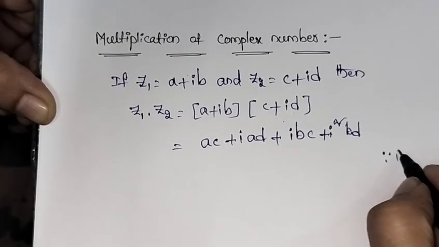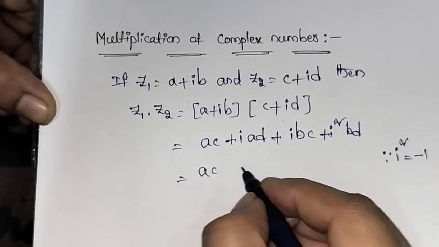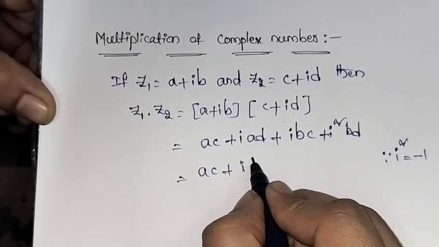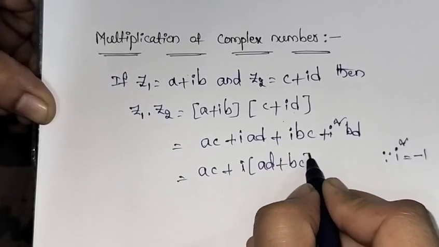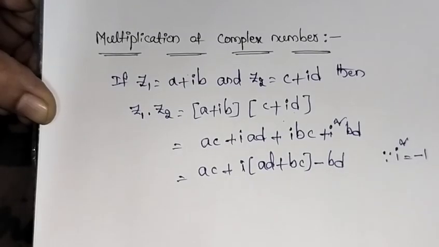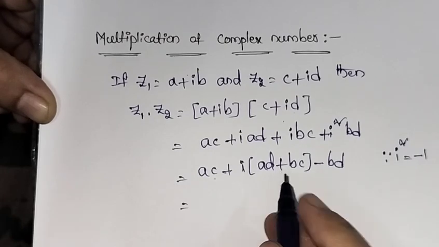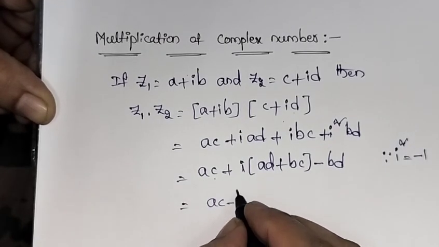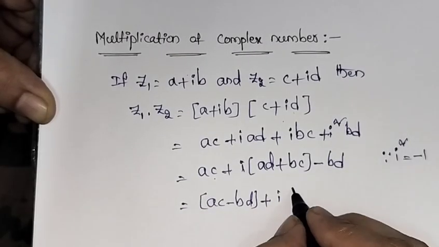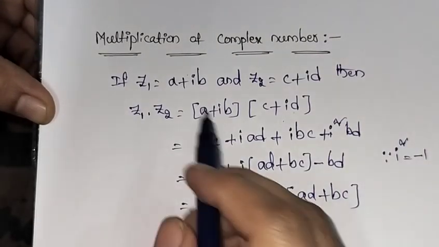Since i square is equal to minus 1, ac plus, in these two terms I am taking i common, i of ad plus bc, i square is equal to minus 1, minus bd. So I am writing real parts on one side and imaginary part on another side: ac minus bd plus i of ad plus bc. Okay, this is in a plus ib form.